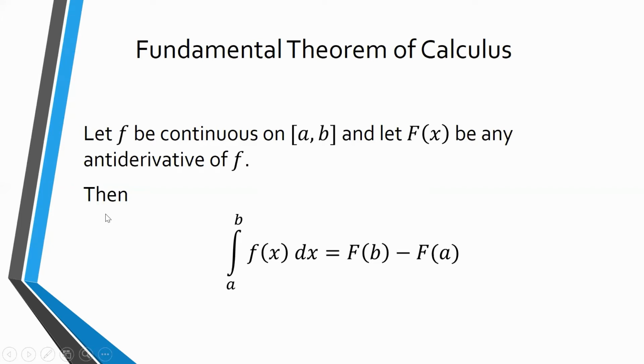If that is true, then finding the definite integral from A to B of lowercase f of x with respect to x can be accomplished by just taking the antiderivative, plugging in the b value, and then subtracting the antiderivative with the a value plugged in. Capital F of B minus capital F of A.